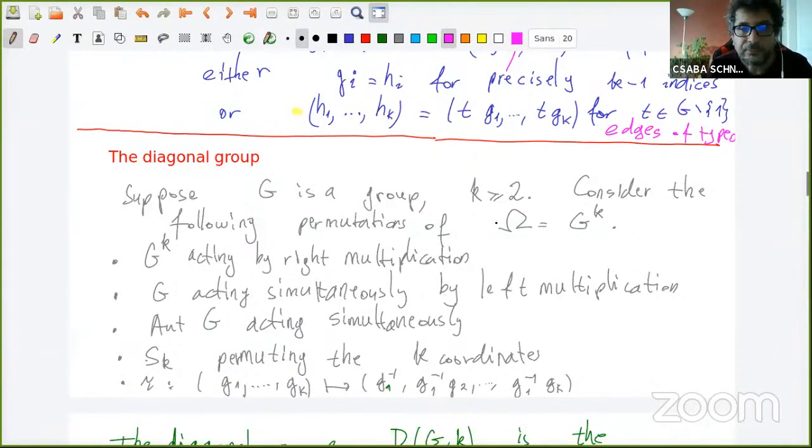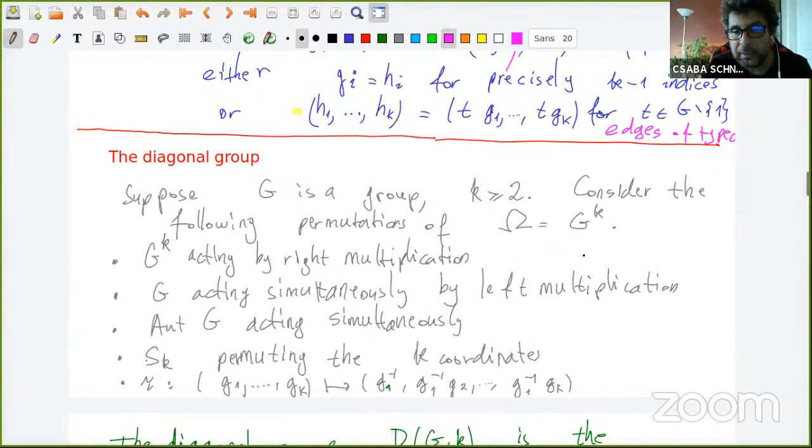First of all, the direct product G to the k acts on this set by right multiplication. This induces permutations, one set of permutations that will be part of our generating set. And now another copy of G is acting simultaneously on this set by left multiplication.